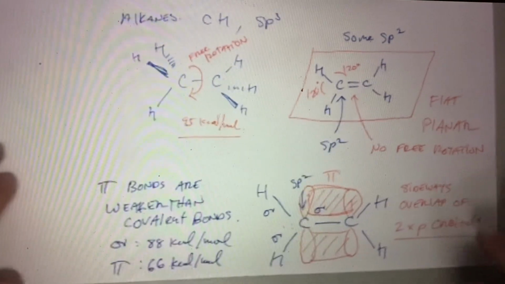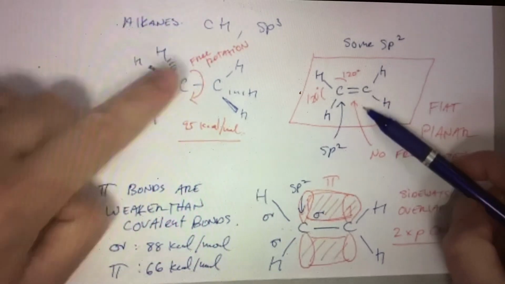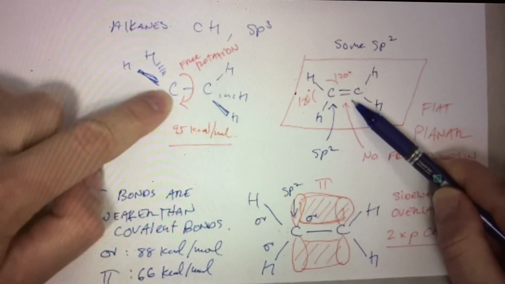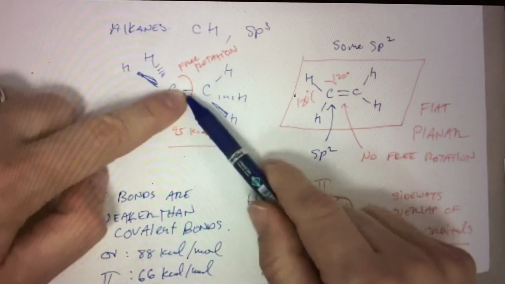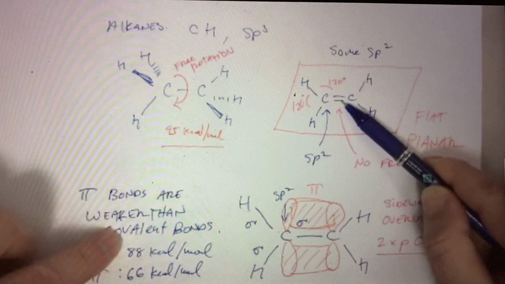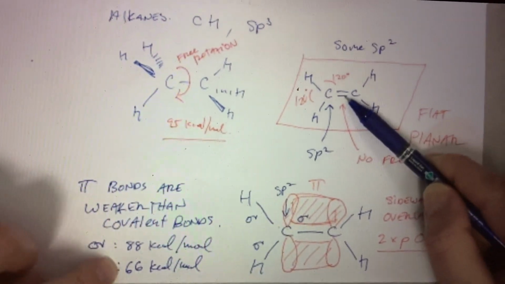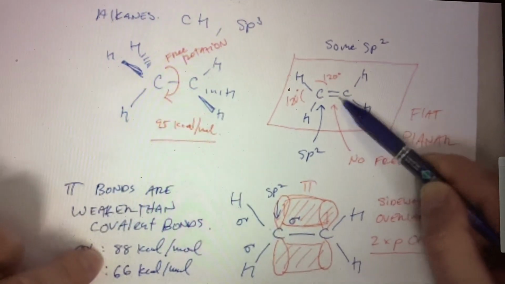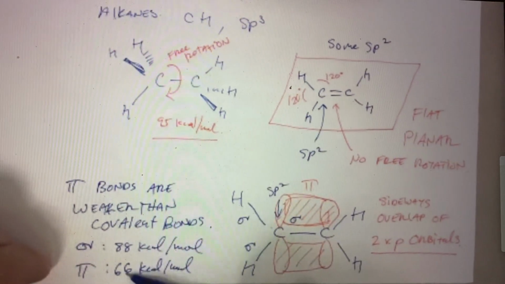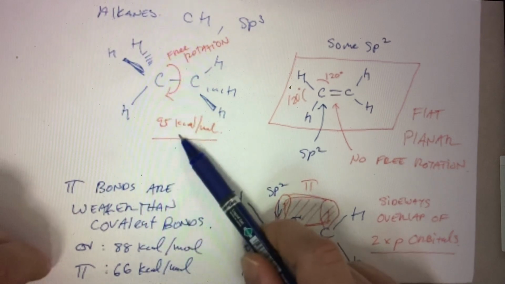So key points about pi bonds. Double bonds are definitely stronger than single bonds. This molecule is 95 kcals per mole to break these two carbons. And this molecule here, to break these two carbons in half, is 88 plus 66. But a double bond isn't twice as strong as a single bond.